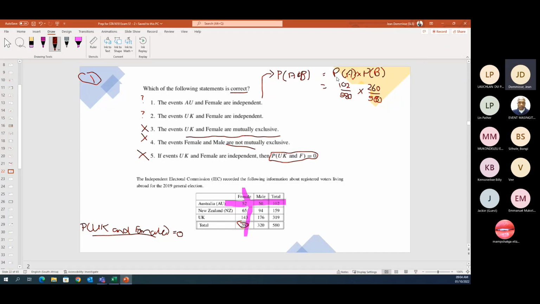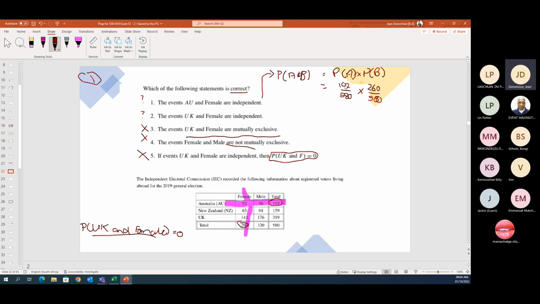So remember, we're looking at what's the probability that you are in Australia, and that's for everyone. So it's 102 divided by the 580. What's the probability that you are female? Is the 260 divided by 580.